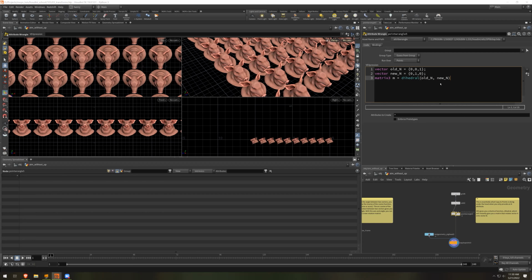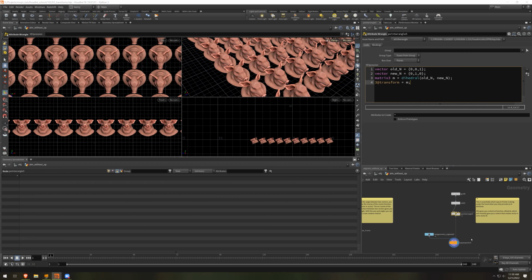What dihedral does is it computes the matrix that would rotate vector A onto vector B, which is exactly what we just did using the cross product and arc cosine of the dot product earlier. It's just wrapping all of that up into one very convenient function for you, so you don't have to do all this by yourself. Now I'm going to say @transform equals m.